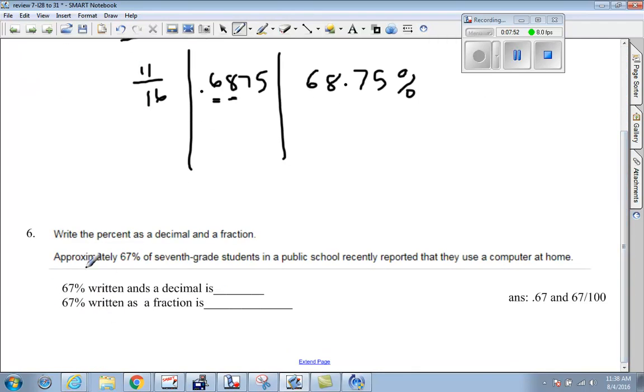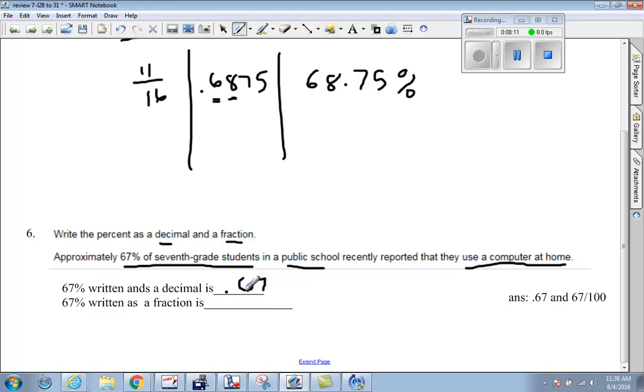Okay. Write the percent as a decimal and as a fraction. Well, 67% of 7th grade students recently reported they use a computer at home in a public school. As a decimal, that's 0.67.